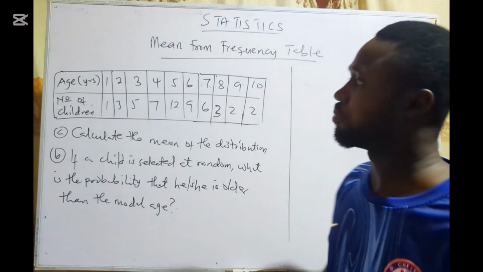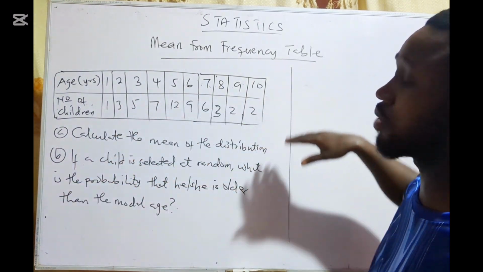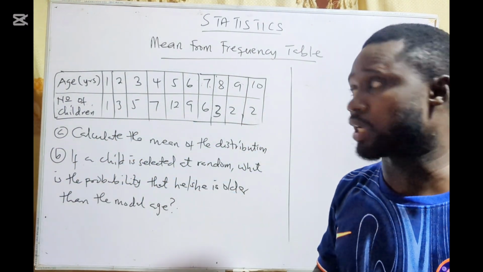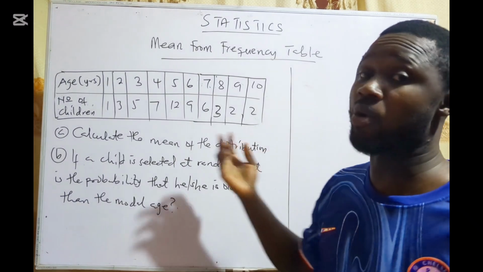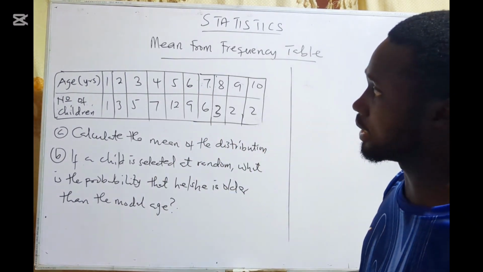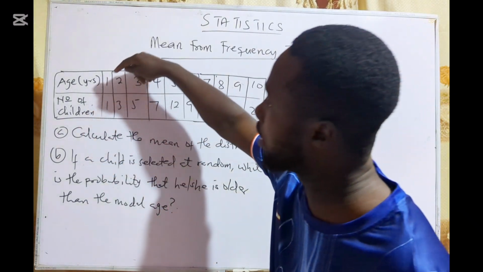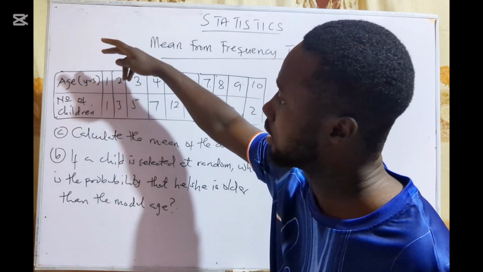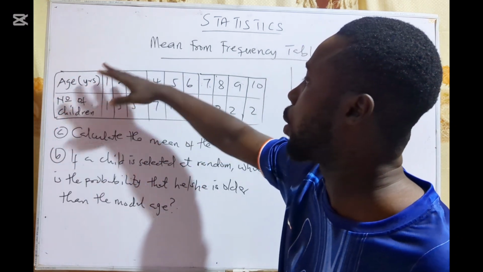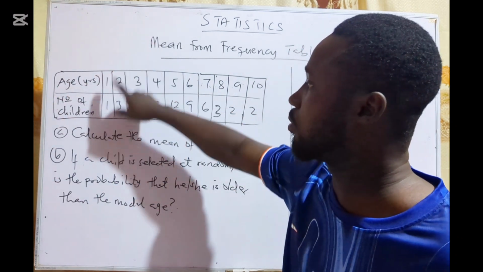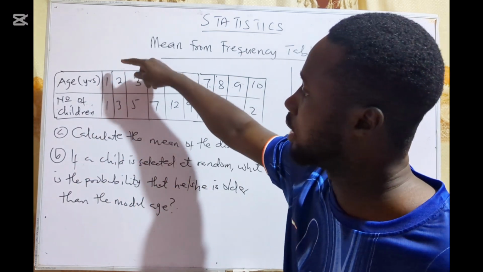So what we are going to do is put all the frequencies together. The frequency will give us the number of values of the data. Because a child with 1 year, we have only one child. 2 years, 3.